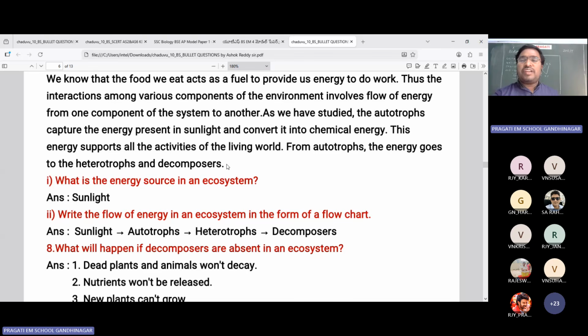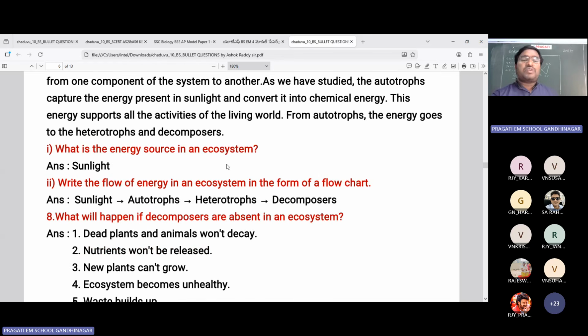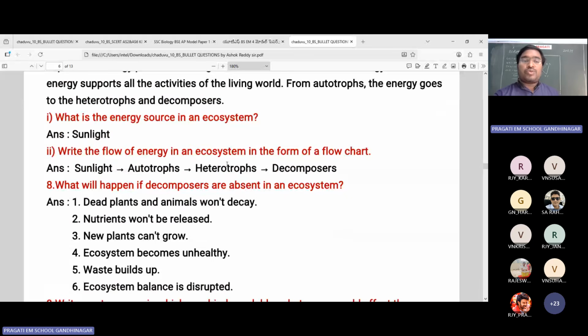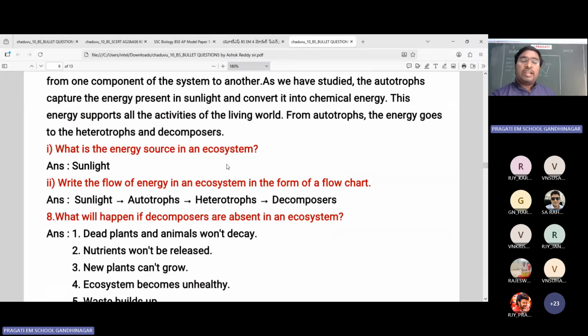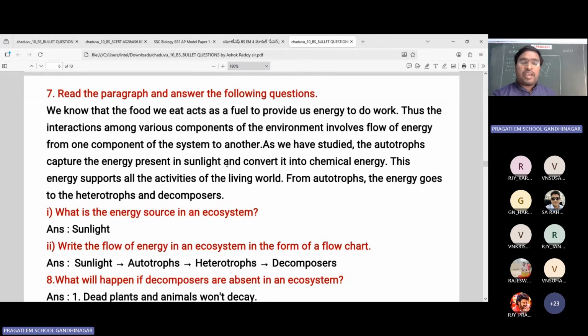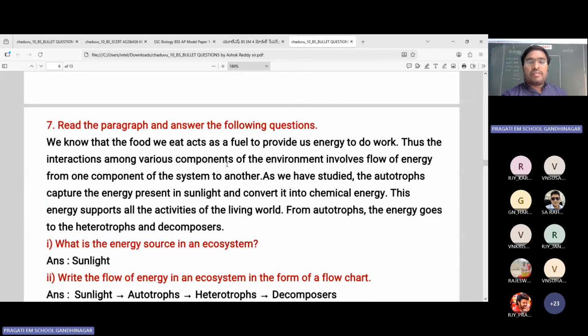As we have studied, the autotrophs capture the energy present in the sunlight and convert it into chemical energy. This energy supports all activities in the living world. From autotrophs, the energy goes to the heterotrophs and decomposers. This is the paragraph. Now let us see the questions. What are the questions?